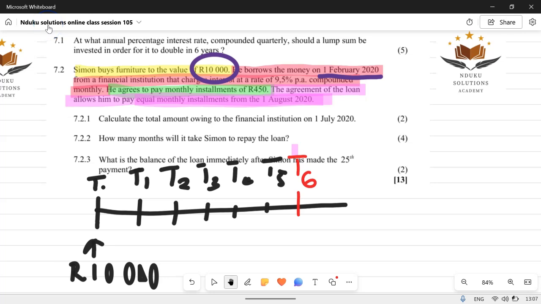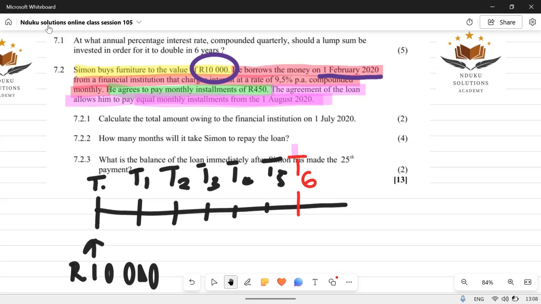Now that we have understood what is actually happening here, we go to 7.2.1 and see whatever the theory that we just shared now can actually help us. Calculate the total amount owing to the financial institution on the 1st of August 2020.